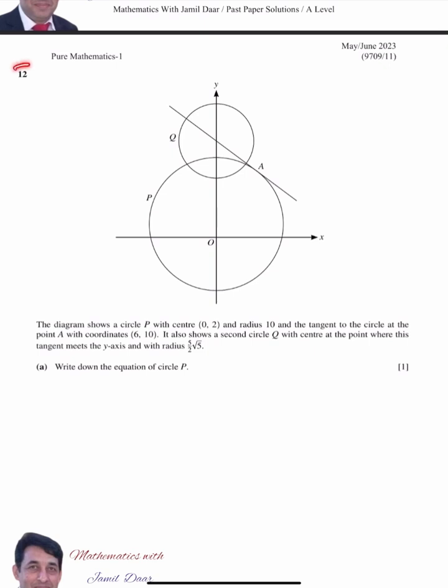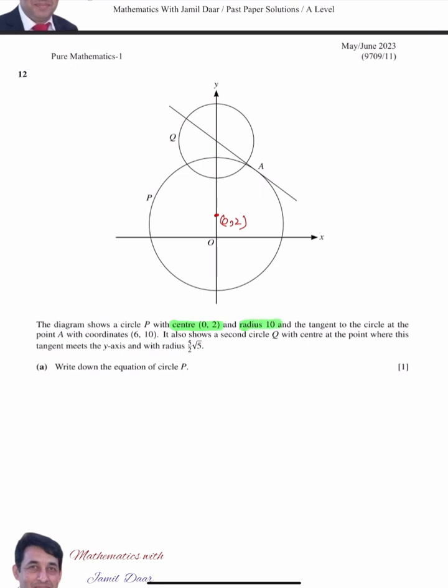Okay, this is question number 12. The diagram shows a circle P with center 0, 2 and radius 10. So this is the center of the circle, 0, 2, and the radius is 10.